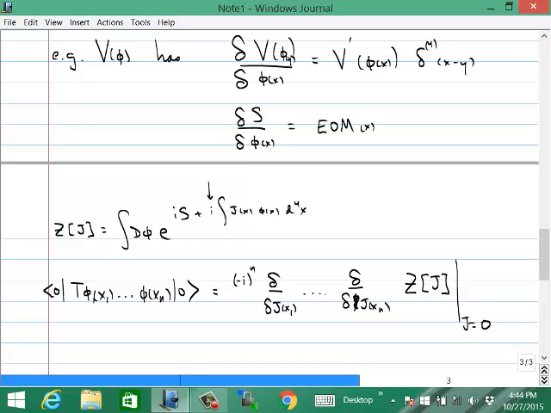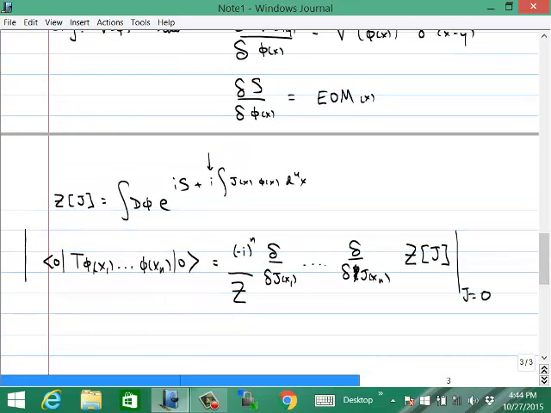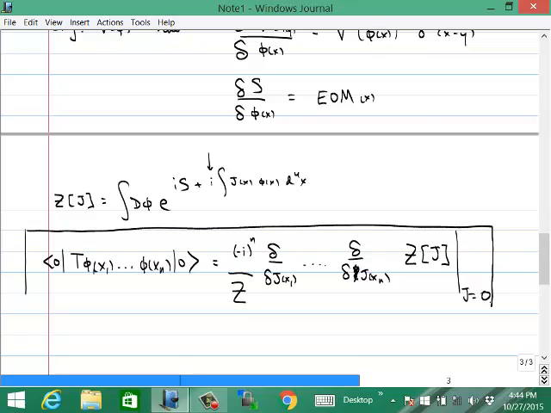And finally, I need to normalize this thing by dividing out by the path integral with no insertions, and that's just Z at J equals 0. So if I can compute this path integral for the generating function, then all I need to do is take some derivatives of it in order to extract the correlation function.